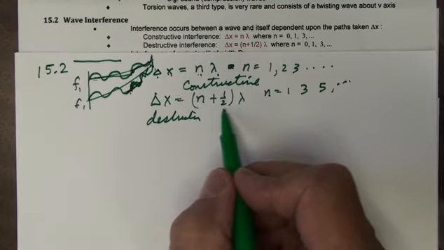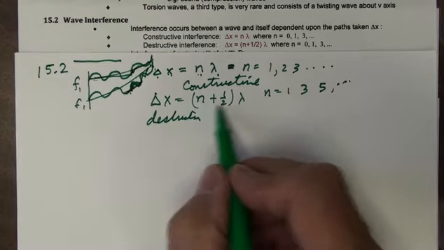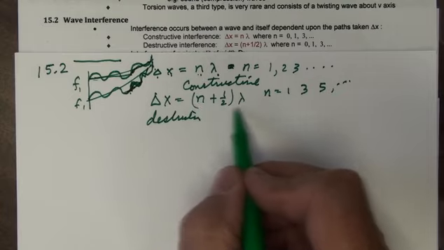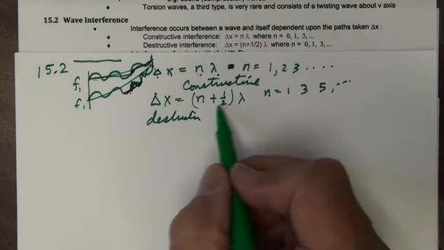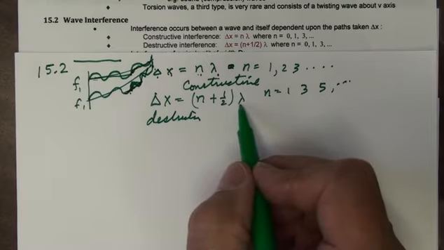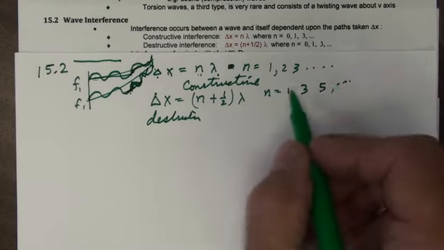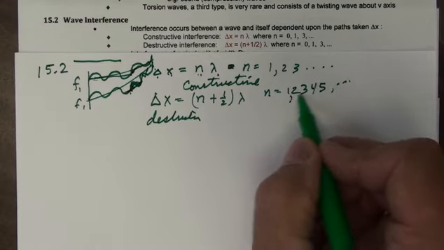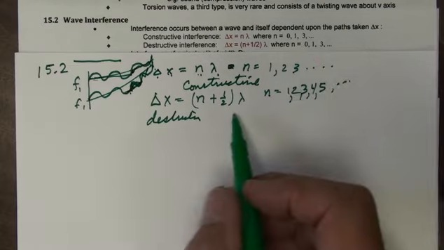In other words, we would have an integer like 1.5, or any number of half wavelengths that are extra. Actually, this could be 1 or 2 or 3 or 4. I think that's a typo there.